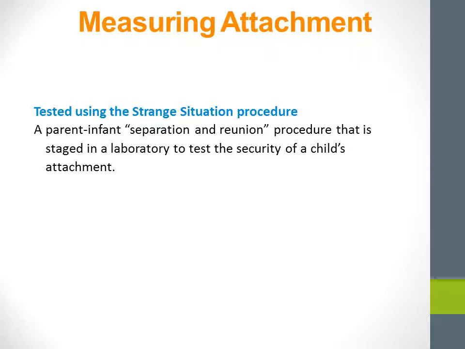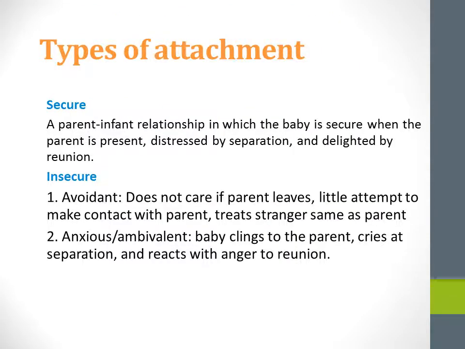So in this strange situation, a parent and infant are separated and then reunited in a laboratory test, and this tests the security of a child's attachment to the primary caregiver. So with the attachment strange situation procedure, we are particularly interested in how the infant reacts when the mother returns to the room after being separated from the child.